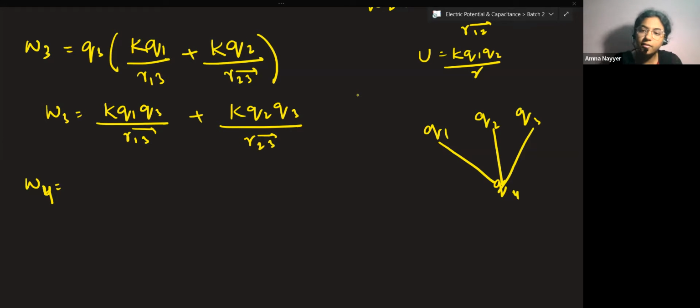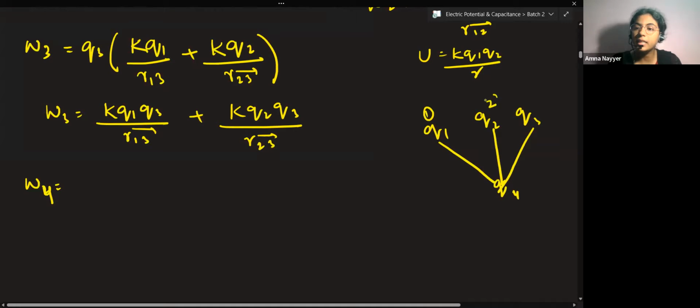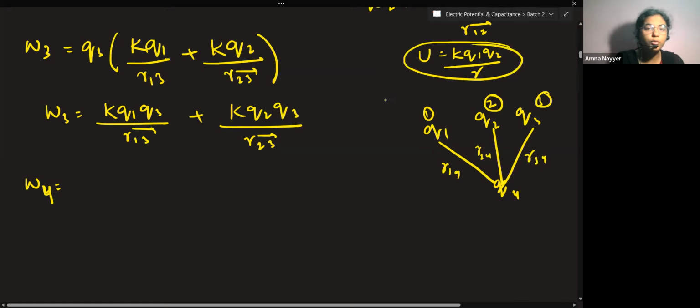Q4 will interact with Q1 first, and then Q2, then Q3. Now let's say the separation between Q1, Q4 is R14, Q2, Q4 is R24, Q3, Q4 is R34. See how will we write it. This is the general formula, K Q1 Q2 by R.